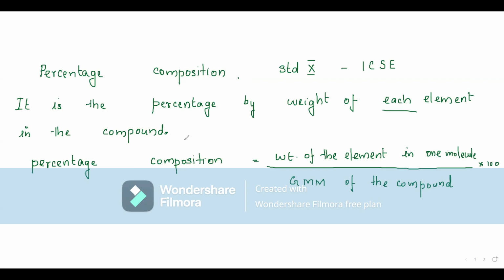Percentage composition is calculated as weight of the element in one molecule of the compound by GMM, gram molecular mass, which is nothing but the molecular mass expressed in grams of the compound, into 100.